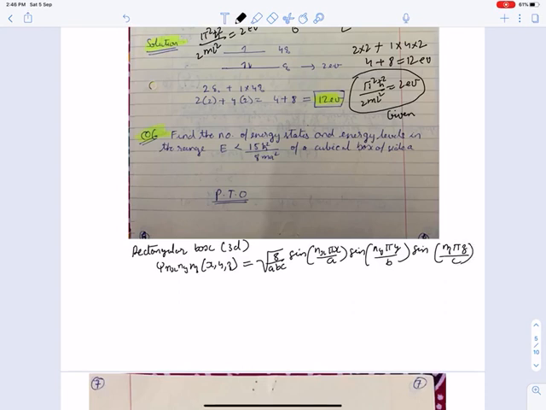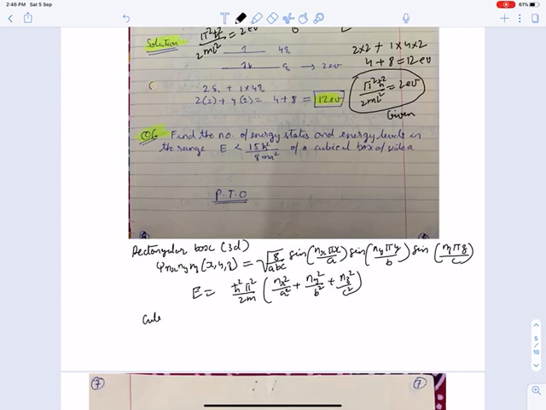And the energy level is given by h cut square pi square upon 2m times nx square by a square plus ny square by b square plus nz square by c square. This is a rectangular box: this is the wave function, this is the energy.